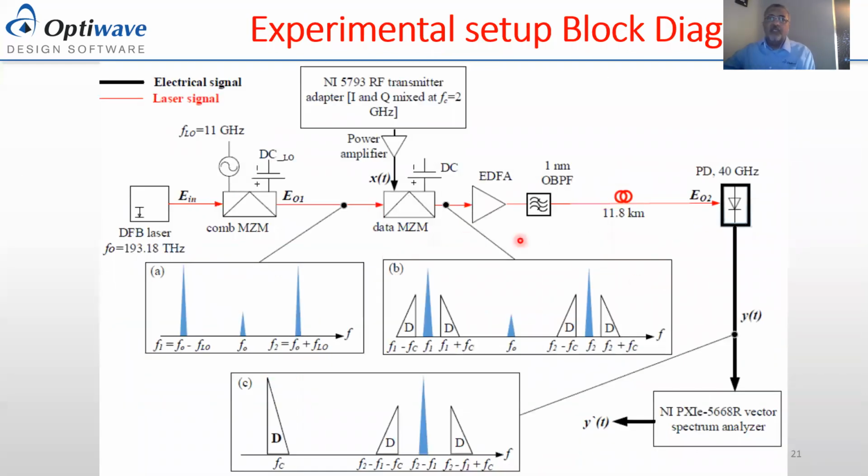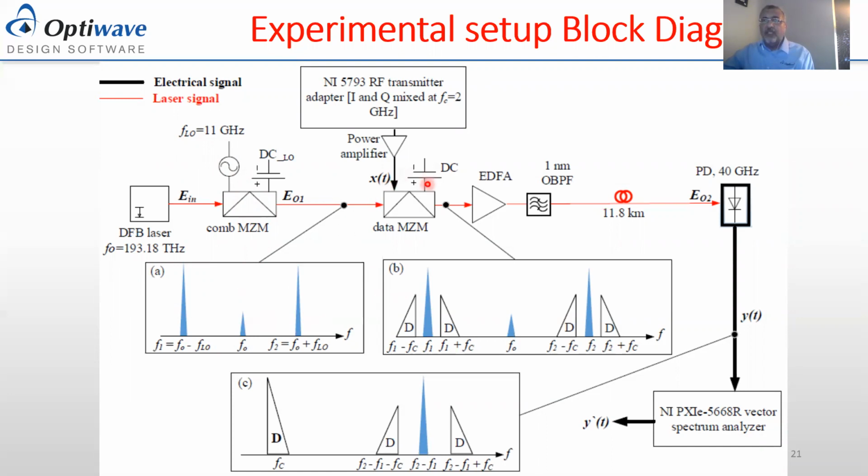Okay, this here is the general experimental block diagram where you have the laser at 193.18 terahertz, and this is the first modulator which modulates with the local oscillator at 11 gigahertz. You can create 2 tones from the carrier. The modulator is also biased in such a way, at minimum point, to suppress the DC, the optical carrier.